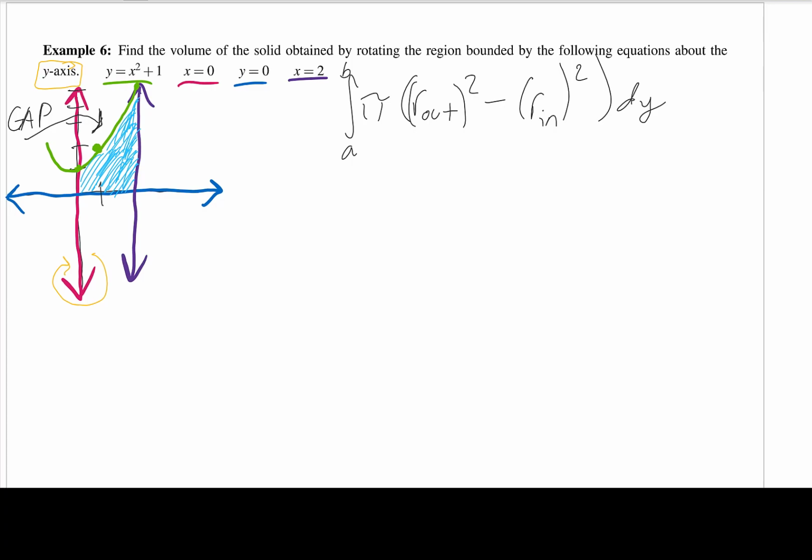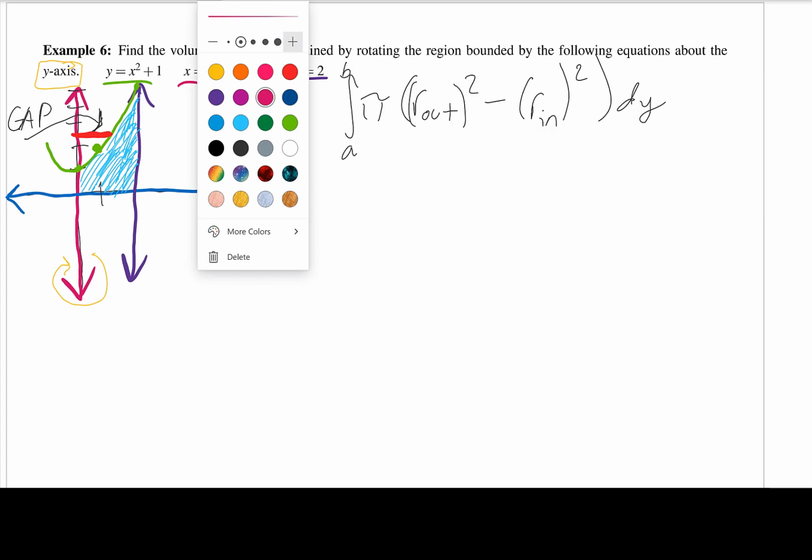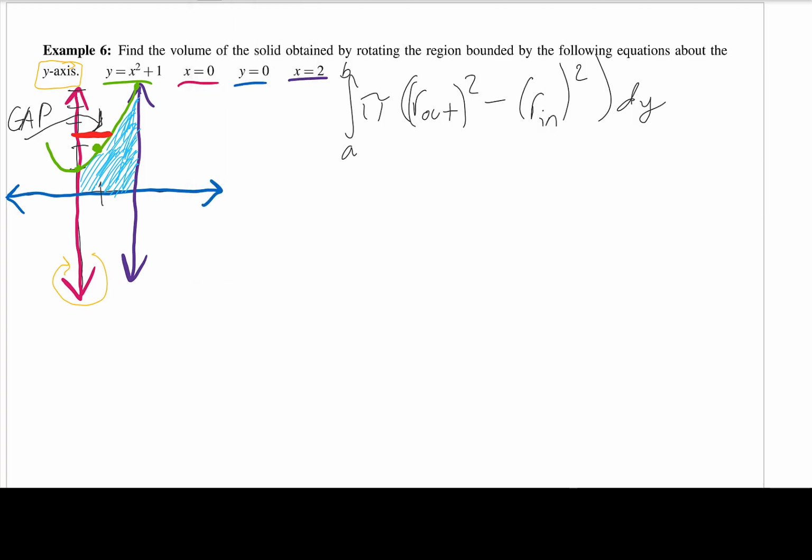So the key here is to figure out, well, what is r out and what is r in? Here's an example of what r out looks like. It's going to be the space between, I'm going to start calling it a plum line.